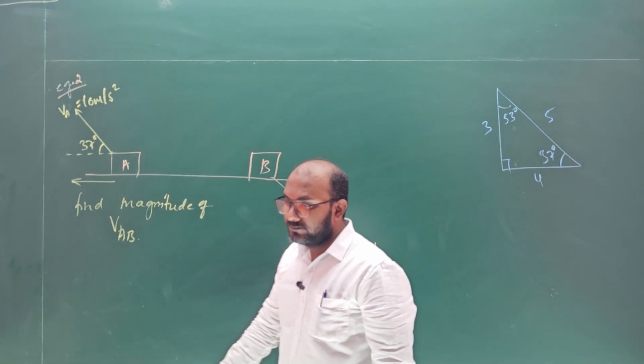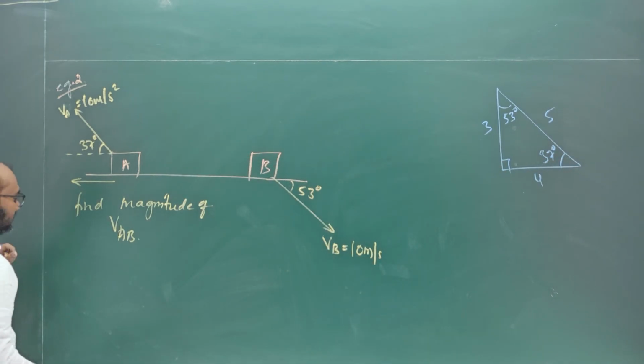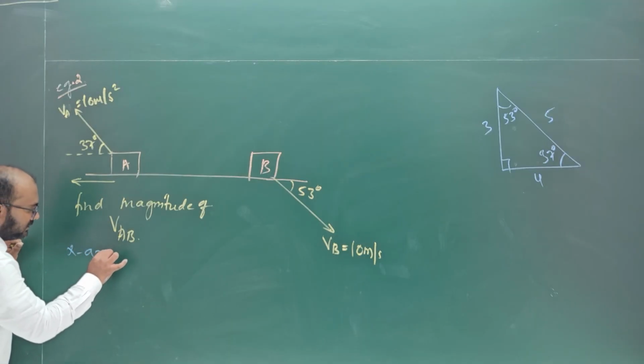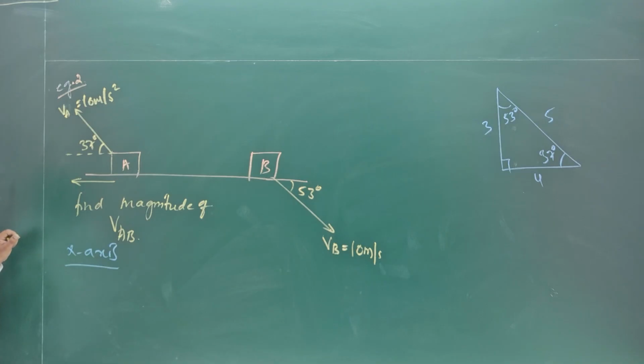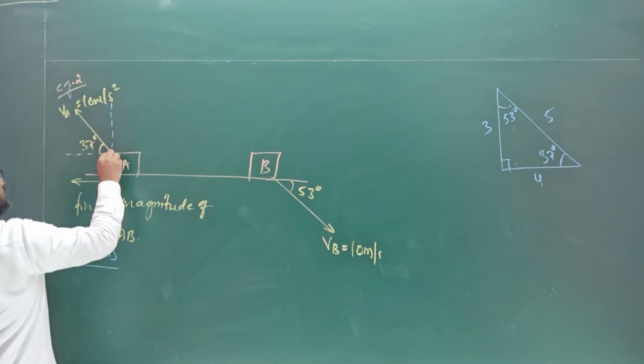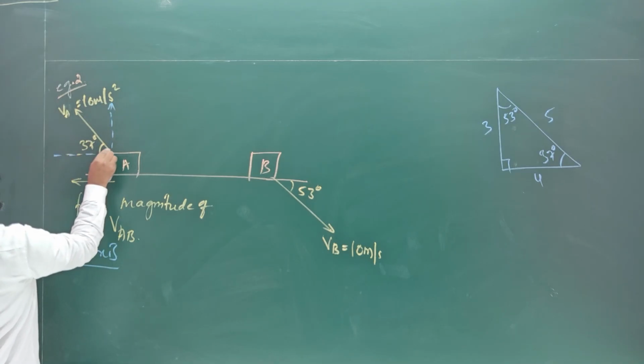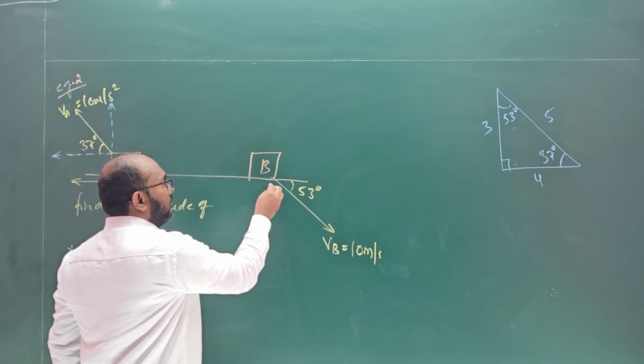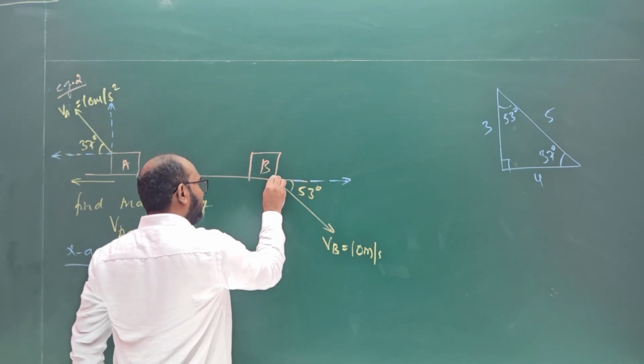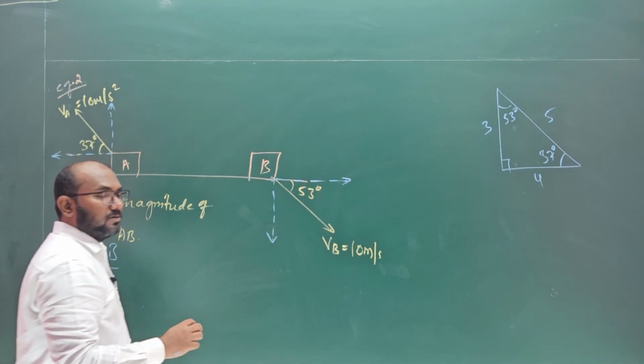Come on, try this. Let us find for x-axis first. I am writing here x-axis, and check your answers. So can I say that if I resolve this component, this one will be going over here, and the other will be coming in this direction? Yes or no?